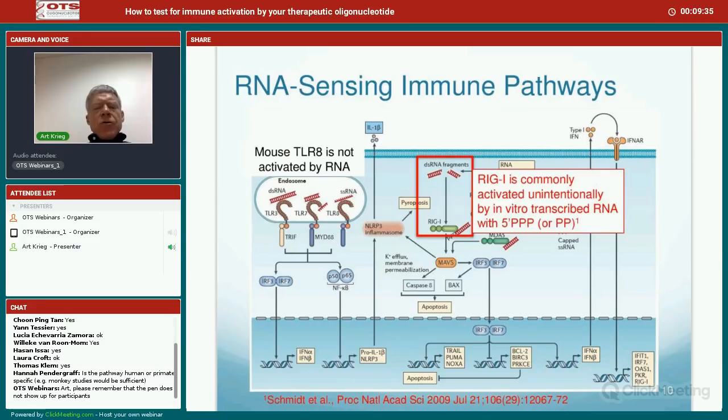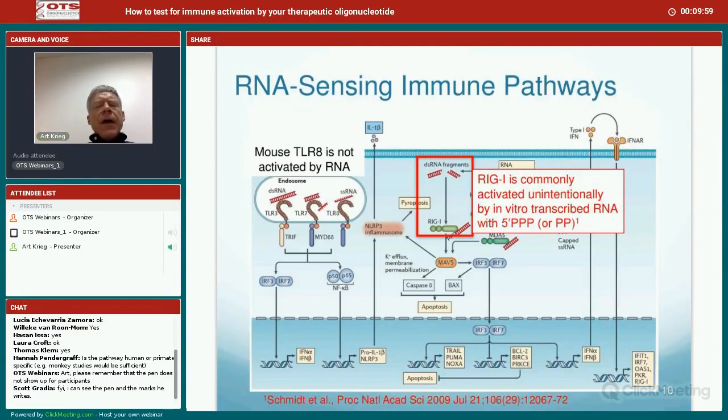Now, turning to the cytoplasmic RNA receptors, the main one that I'm going to talk about today is RIG-I. RIG-I detects RNA molecules with a blunt end at the 5' and 3' ends with a diphosphate or triphosphate on the 5' end.